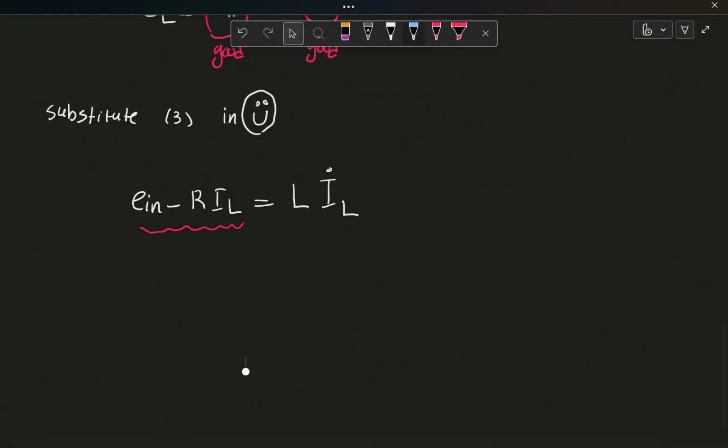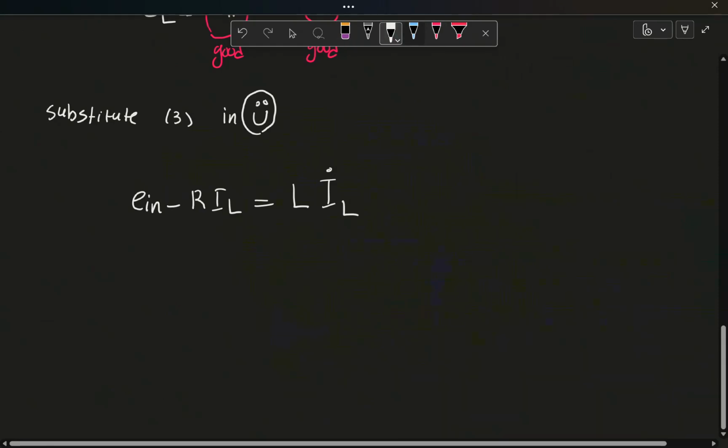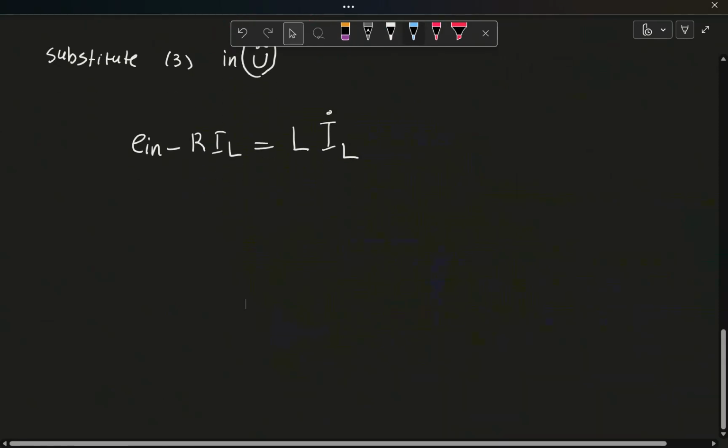Now look, keep the input on one side, bring all the dynamic terms to the other side, flip the sign. What do you get? EN equals L I dot L plus R IL.